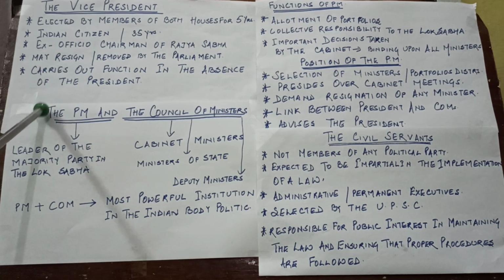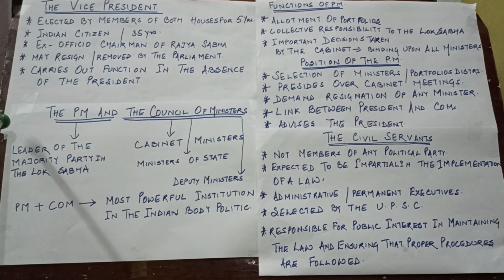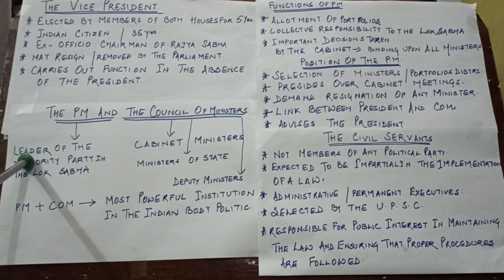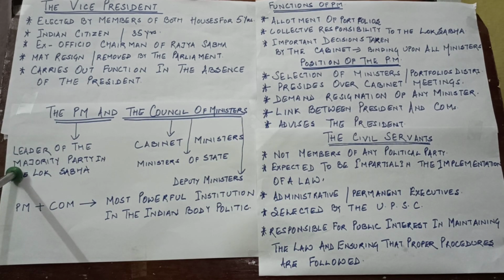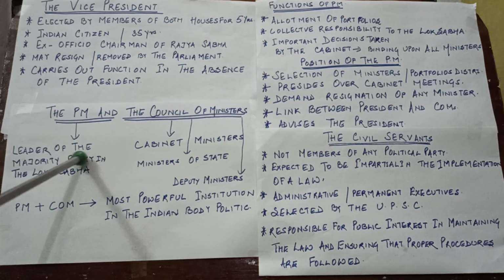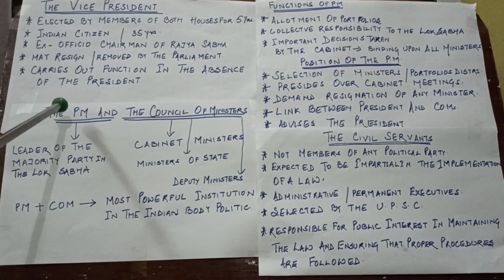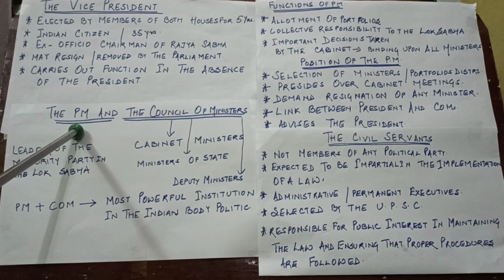Coming on to the prime minister and the council of ministers. The leader of the majority party or parties who has got absolute majority in the Lok Sabha is appointed by the president as the prime minister of the country.